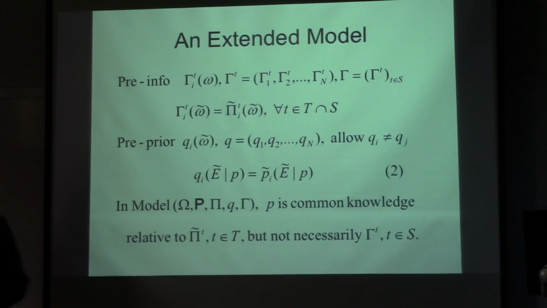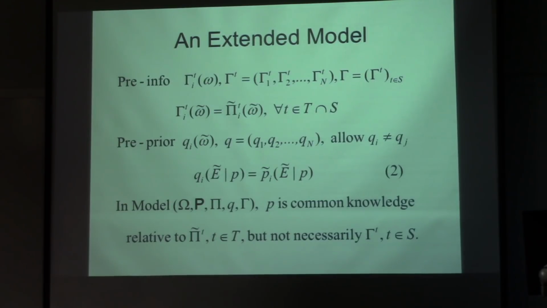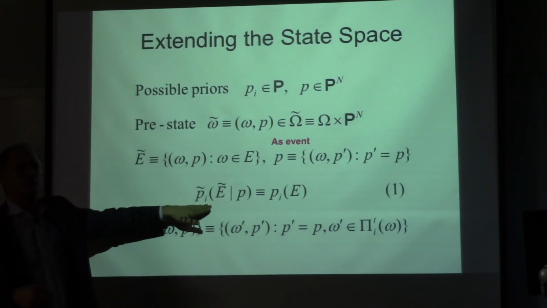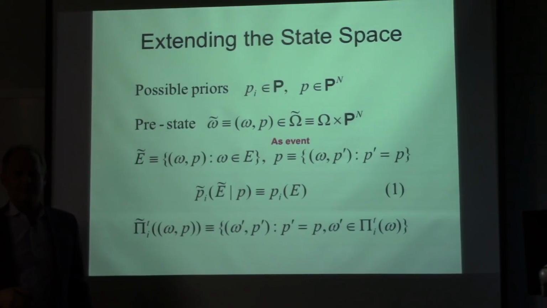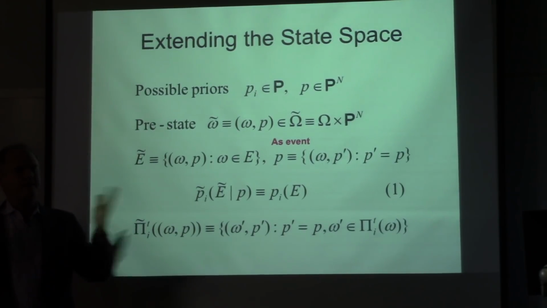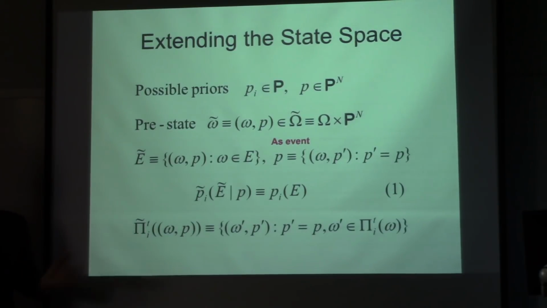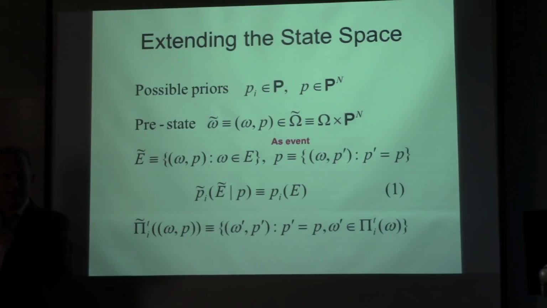So when I first saw p tilde, I was thinking that was the pre-prior. If q is the pre-prior, can you remind me again what p tilde is? Sure. P tilde was just the natural projection of the prior into the larger space. Okay. So the whole game here is we have a standard model with a standard space. We're extending it into this larger space. This larger space has all of the analogous things, but now we have to start making connections between the things in the standard space and the things in the extended space.